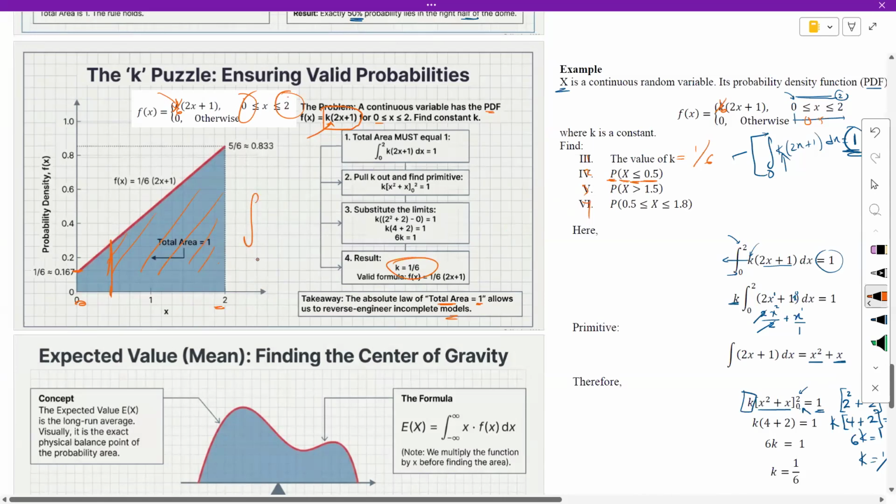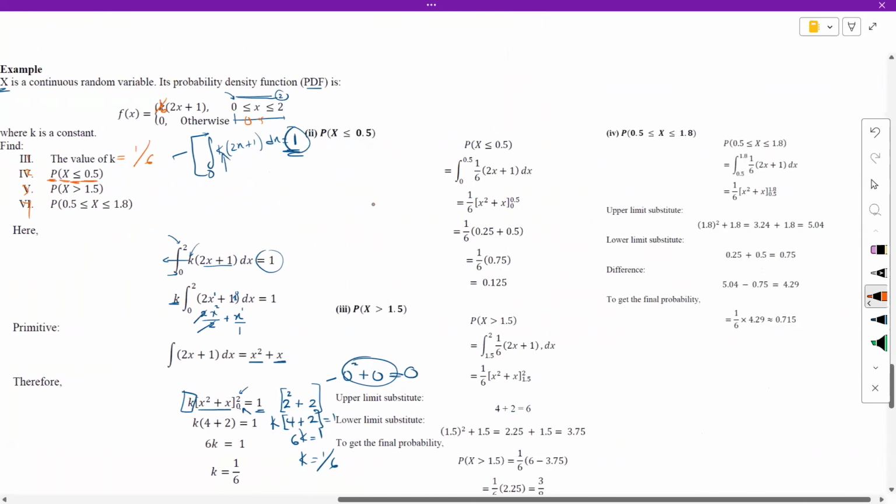How can we find it? Very simple. The lower limit is 0.5 and the maximum limit is 2. The function is 1 over 6 times 2x plus 1 dx.